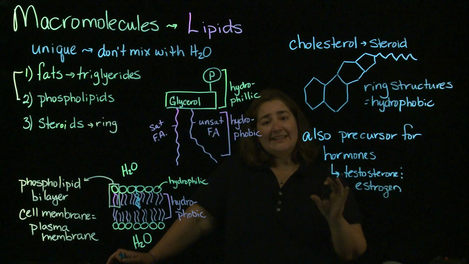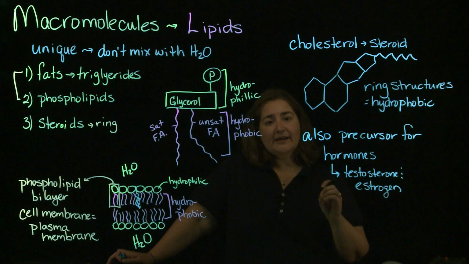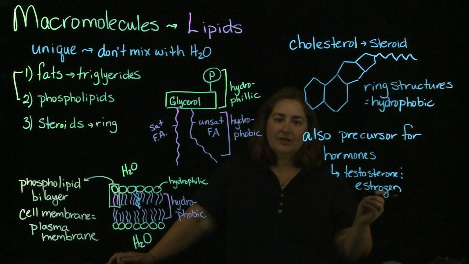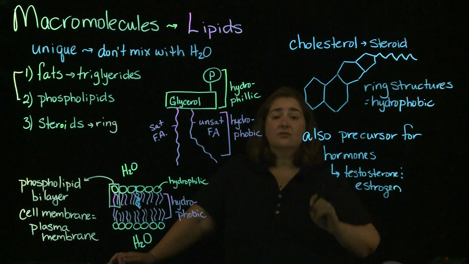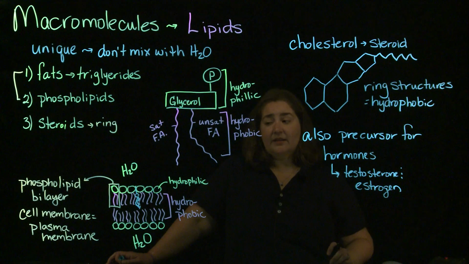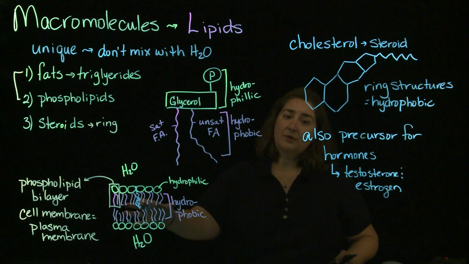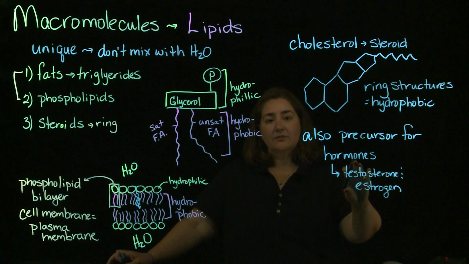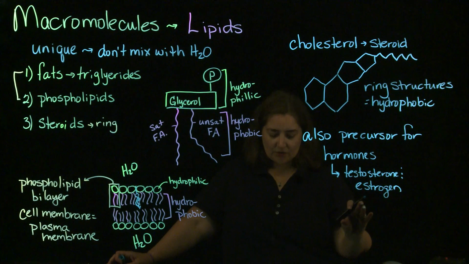Okay? So we need some cholesterol as part of our diet. Again, with the Americanized diet, we get a lot more cholesterol than we actually need. But we do need some cholesterol in our diet to help keep our cell membranes together and also to make hormones like testosterone and estrogen.